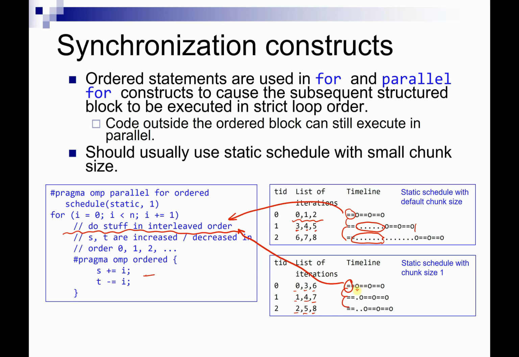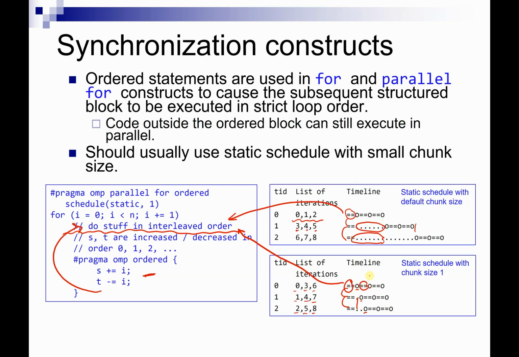As soon as the first iteration finishes, here you have the 2 threads idling because they're waiting for the first iteration to finish. But as soon as that iteration finishes, thread 1 can now do its iteration for this ordered part, and after that, thread 2 can do its iteration. In the meantime, the threads can go back to doing the parallel stuff.